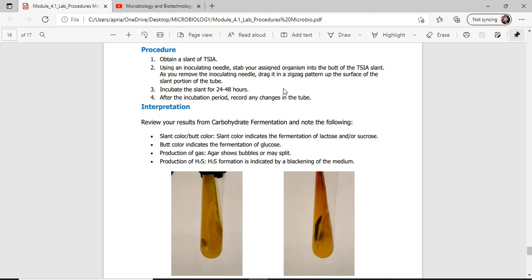Then, incubate. Okay, the word incubate when you're talking about in microbiology is letting your microorganism grow in your incubator. Incubator is a type of device. You can set what type of temperature you will be having in that certain machine or environment.